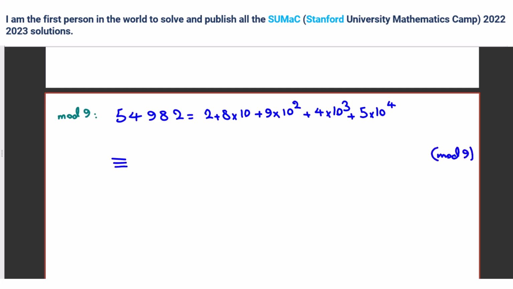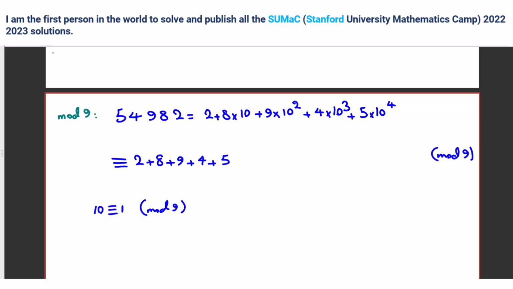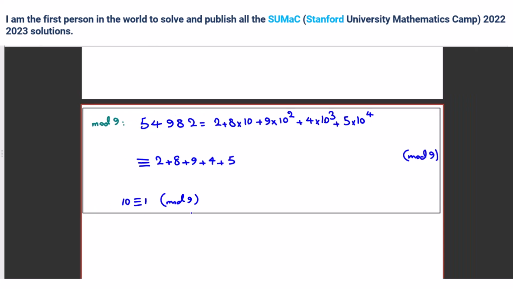Before that, can you tell me 10 mod 9 is equal to what? Yes, it is equal to 1. So instead of each 10, you can write 1. So it would be 2 plus 8 plus 9 plus 4 plus 5. Sum of the digits, right? Yes, sir. Okay, so this is why we add the digits for finding mod 9.